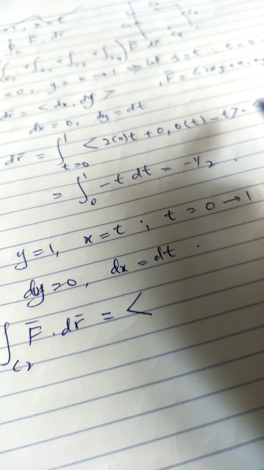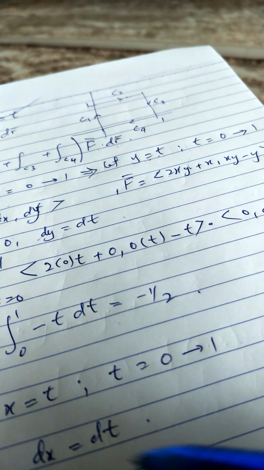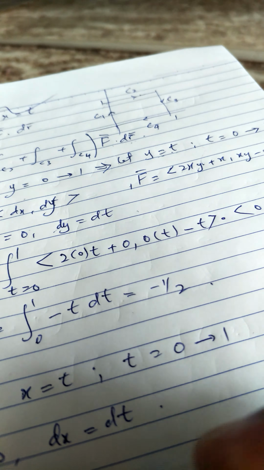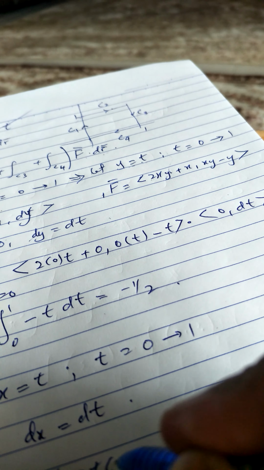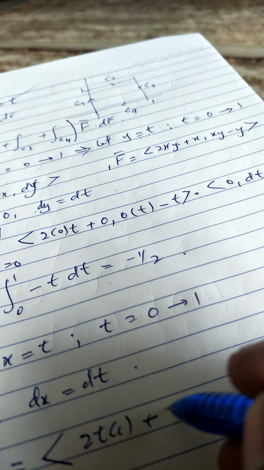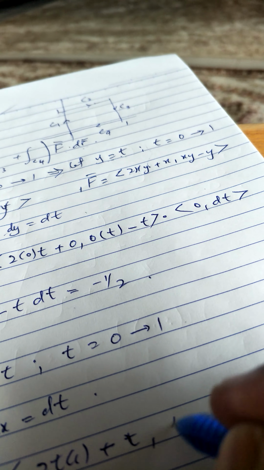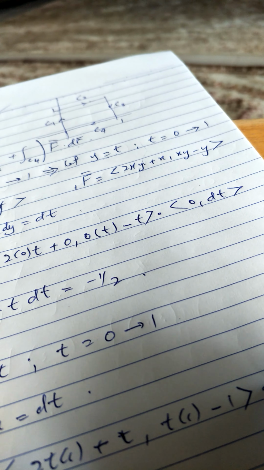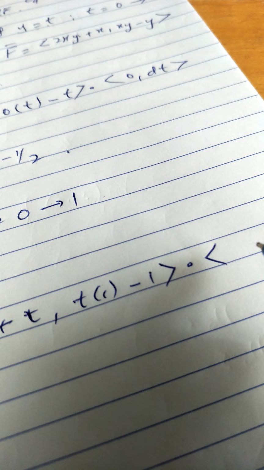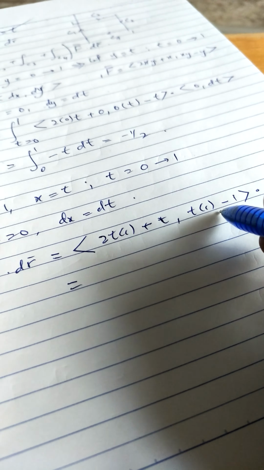Now integrate over C2 of F dot dr. Look at our F: 2 times x, which is t, times y, which is 1, plus x, which is t, and then x times y minus y, t times 1 minus 1, dot dx dt, and our dy is 0, so that part is 0.